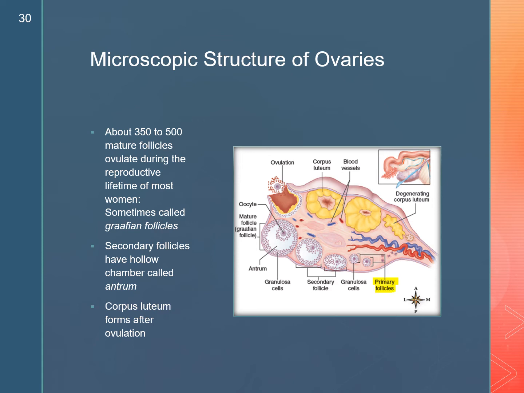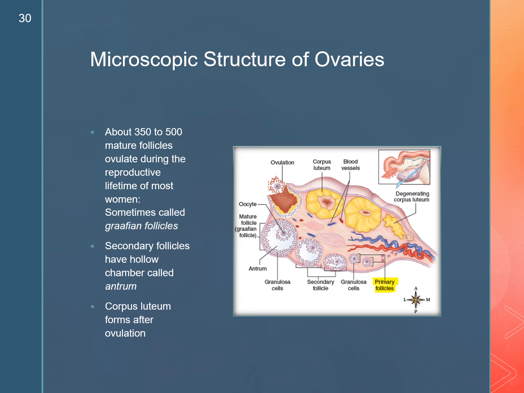And similar to how spermatogenesis occurs, where the immature cells are on the periphery of the seminiferous tubules, a similar thing is occurring here. So you can see how these primary follicles are a fair distance away from where they're actually going to exit the ovary.